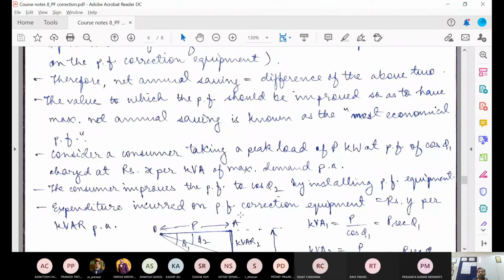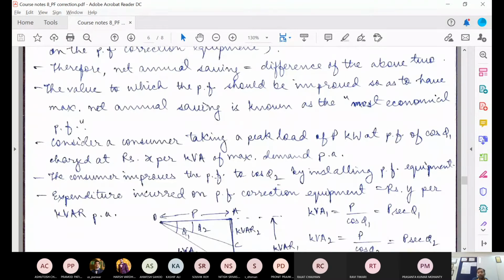And the expenditure incurred on the power factor correction equipment is, let's say, rupees Y per kVAR per annum. So the expenditure on the power factor correction equipment is rupees Y per kVAR, in terms of how much is the reactive power output of the equipment per annum, because we are taking the recurring expenditure.